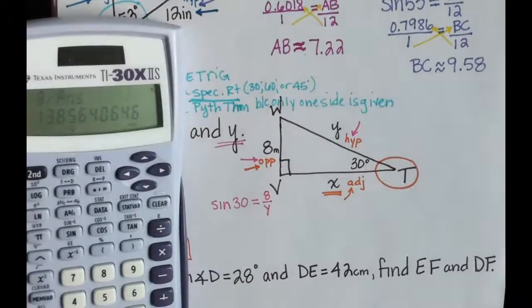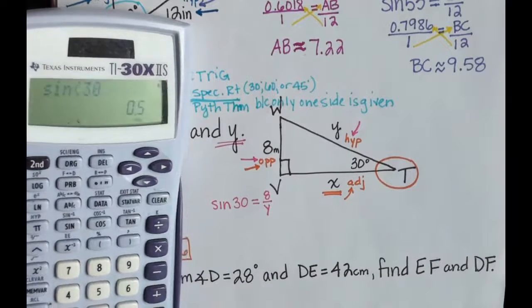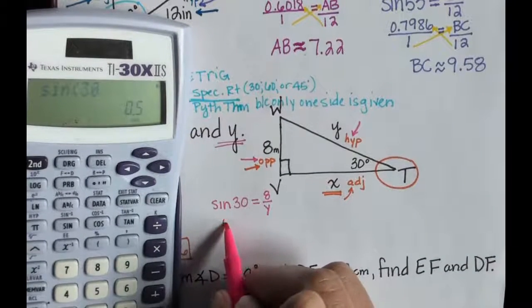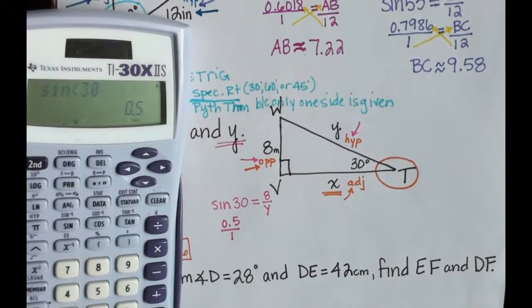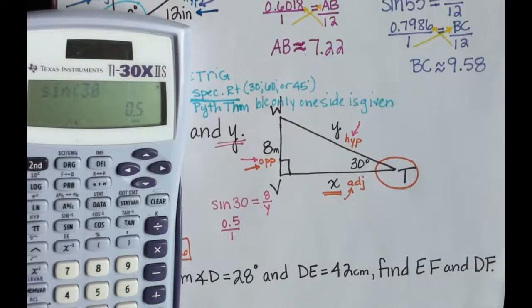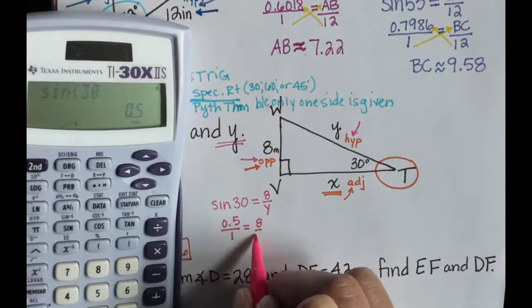So I'm going to go to my calculator and I'm going to go sine 30, enter, and that is a really nice fraction. I am going to annoyingly stick to our pattern of our decimal over 1, even though I could really write this as 1/2, equals 8 over y.